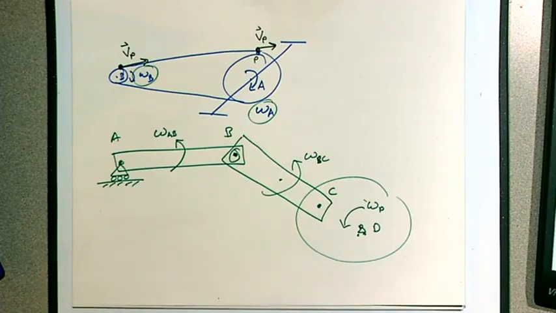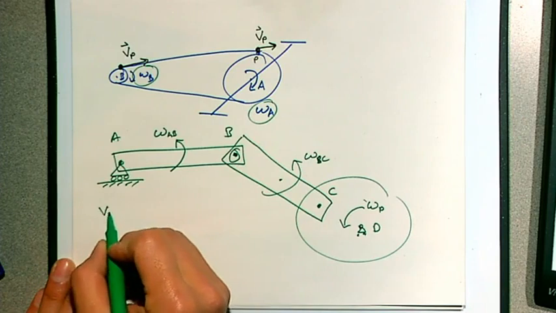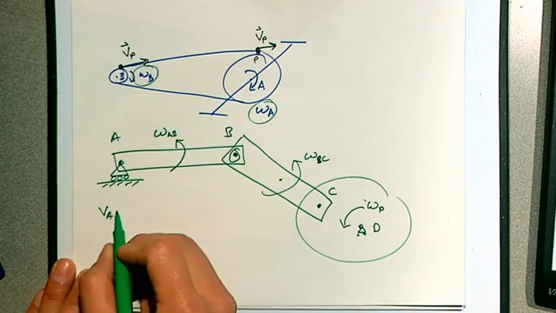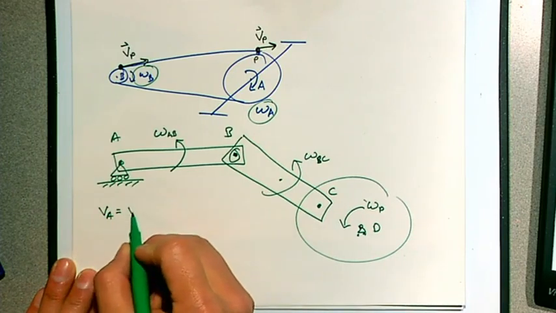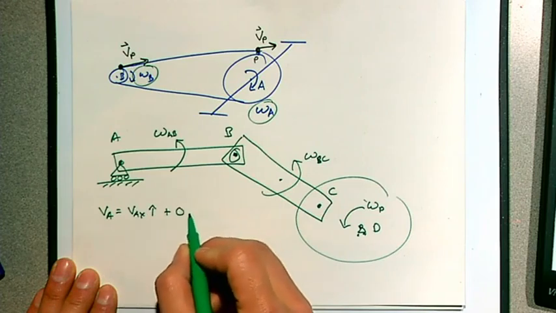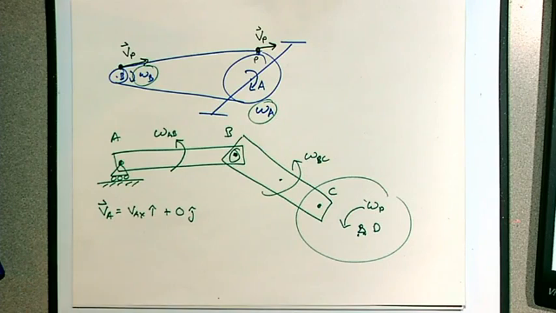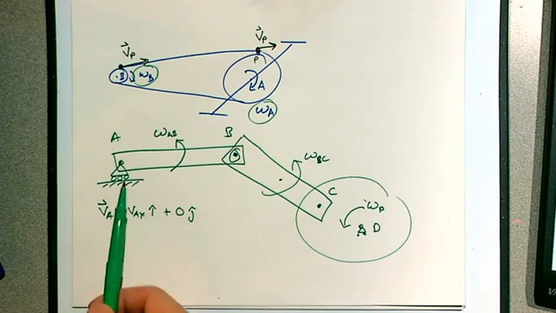It's no longer pinned. Maybe by peeking at this geometry, I can say, hey, that velocity of point A on roller supports, I know that it's something in the x direction, but it's 0 in the y direction. You were able to inspect from this geometry, the way it was set up, what other information can I glean just by looking at the way it's constructed?